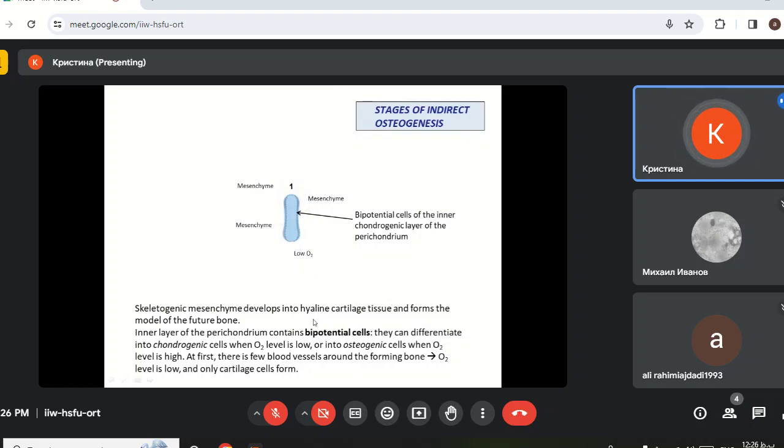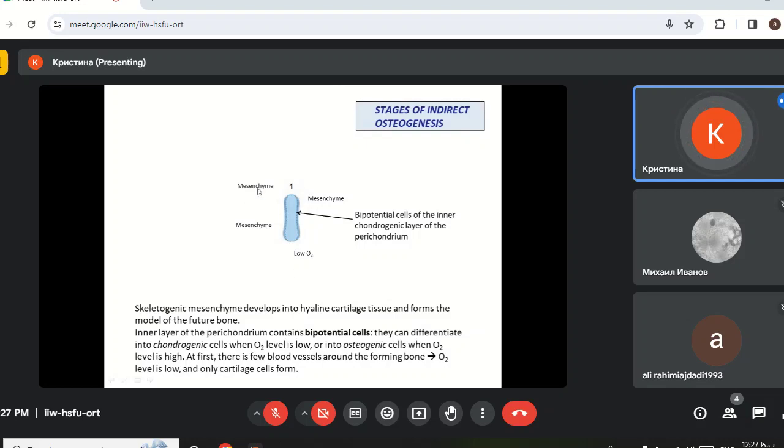In the chondrogenic layer, the inner layer of perichondrium, we actually have bipotential cells. They can differentiate into chondrogenic cells if the oxygen level is low, but they can differentiate into osteogenic cells if the level of oxygen is high.